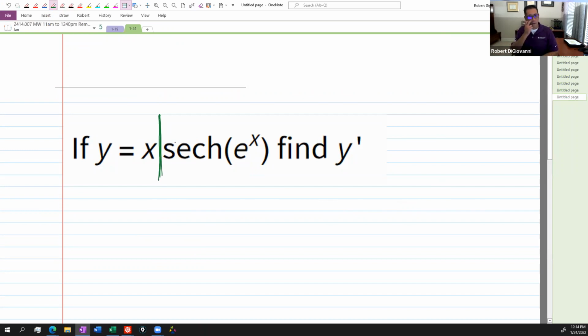That's a product, right? So the derivative of this should be the product. We have to do the product rule on this. So first, what's the derivative of this one? It'd be 1. Okay, so 1, I'm gonna put the 1, we don't need it, times the other one, right?